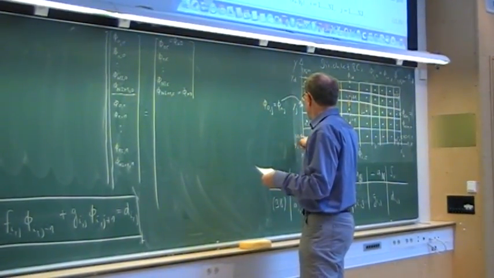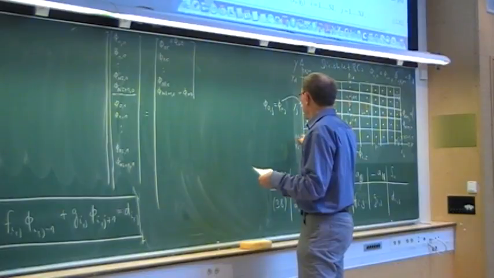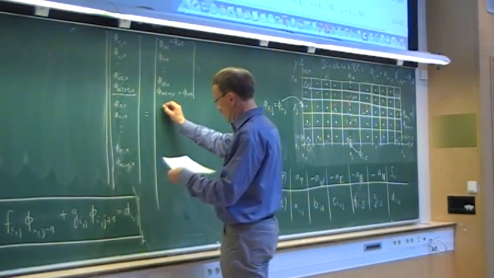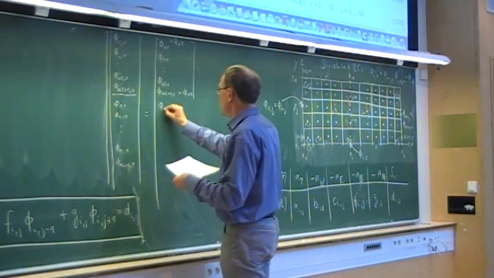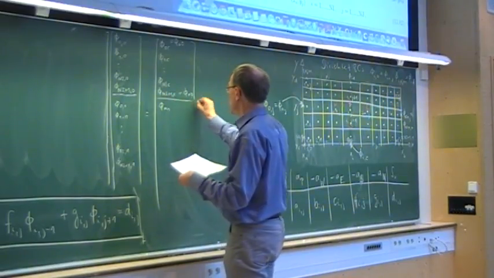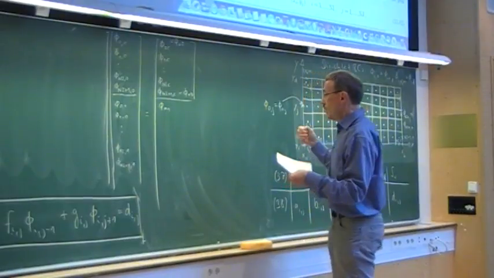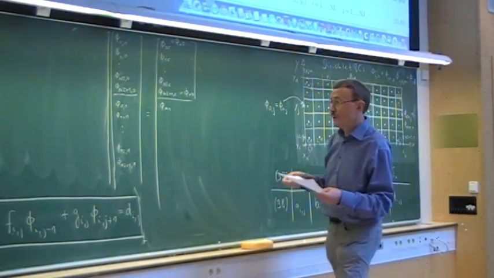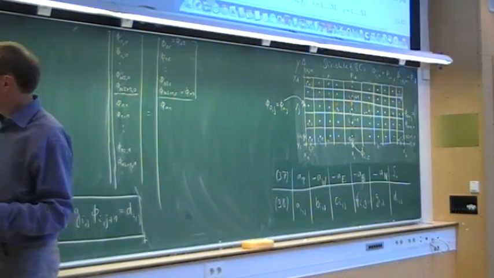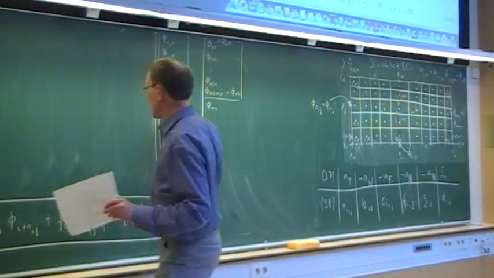That is the phi A1. Let's see if I'm doing right. Yes, this is the phi A1. That is the boundary condition that we are implementing here. And for the rest, we will have then F11. So this is just the boundary condition. The rest is 0.